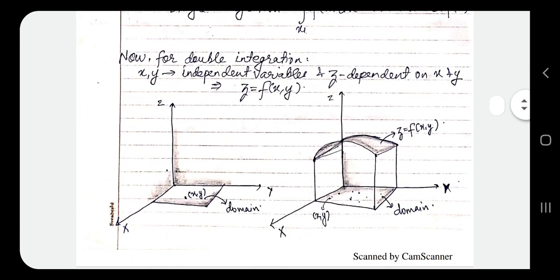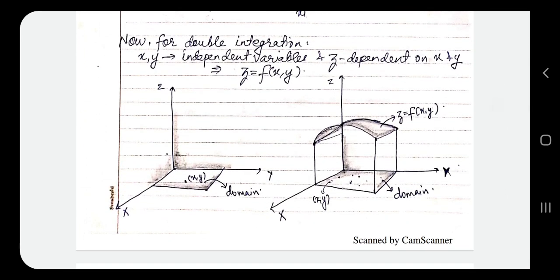Now for double integration, I have to take two independent variables x and y, and z is dependent on x and y. So this is the relation z is equal to f of x, y. Now I have to draw my diagram in 3 dimensions. This is the diagram, the x-axis, the y-axis, and for every point x and y, my z depends on the values of x and y.